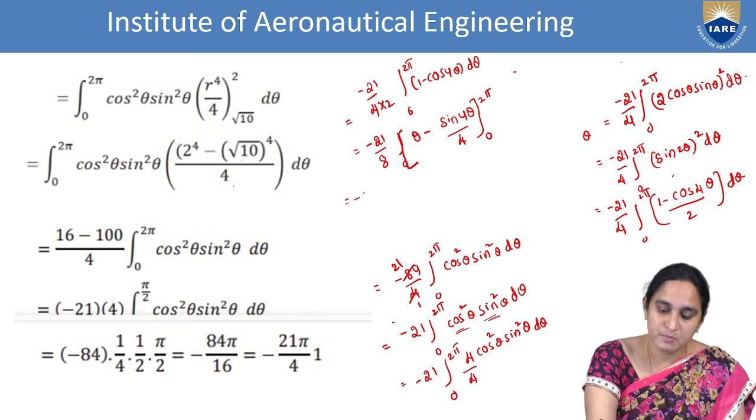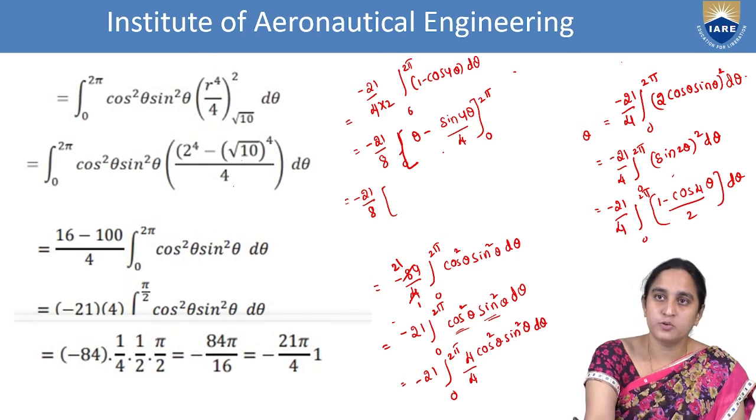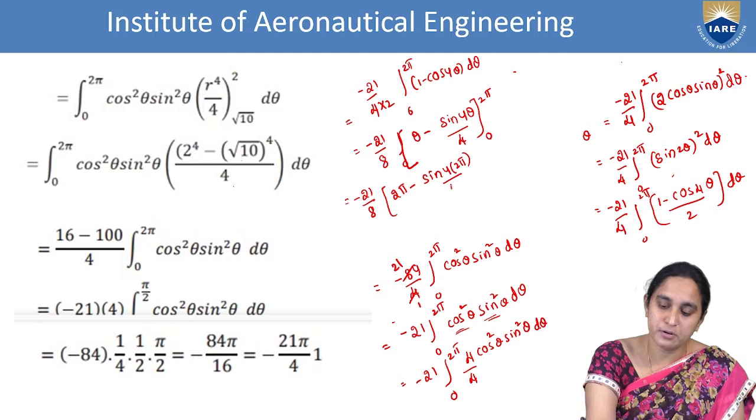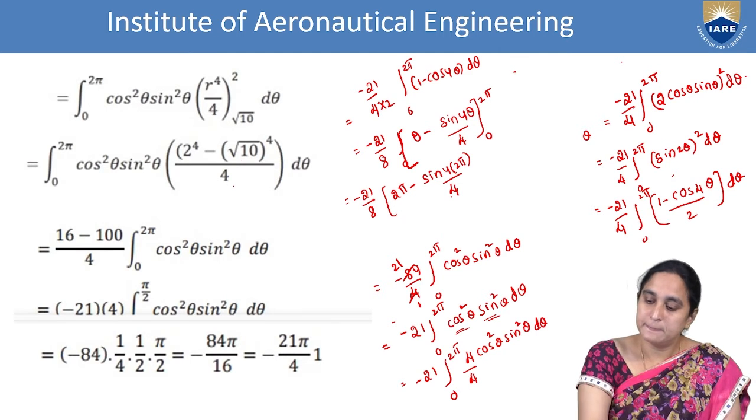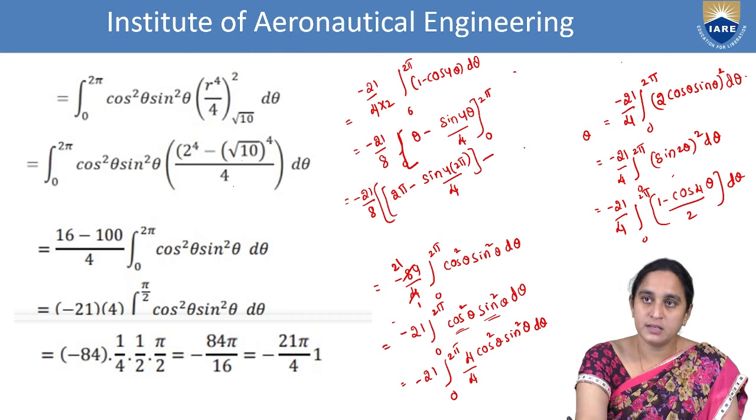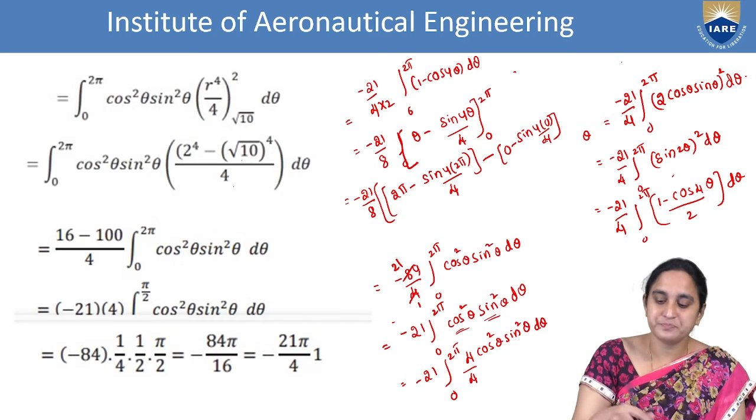From that, minus 21 by 8, substituting the upper limit 2 pi: 2 pi minus sine of 4 times 2 pi by 4, minus the lower limit: 0 minus sine of 4 times 0 by 4.